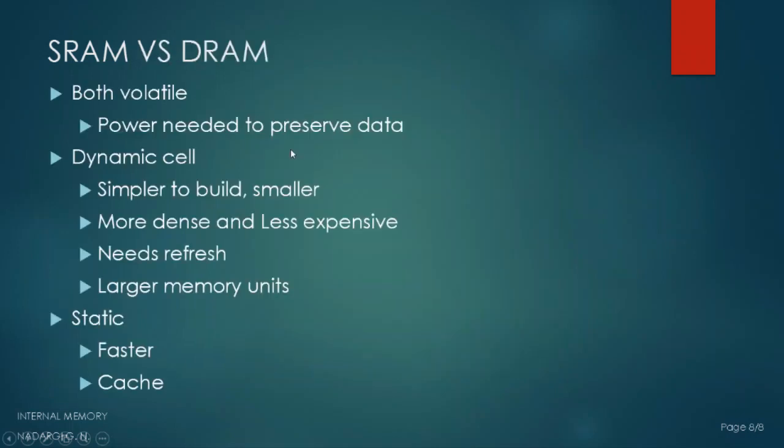Now let us move on to SRAM versus DRAM. Let's compare both RAM types. You can see that both are volatile in nature. A power supply is required for SRAM and DRAM, and there should be a continuous power supply in order to preserve the data.